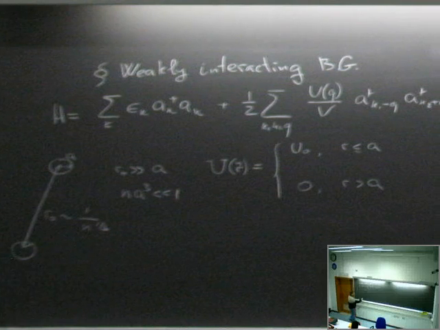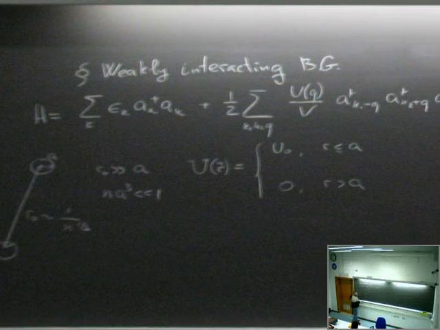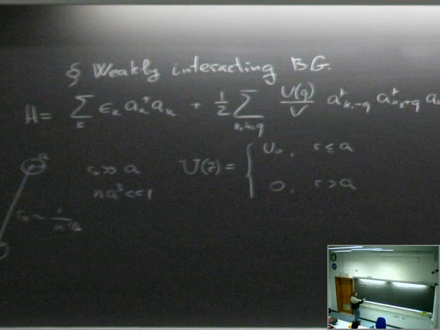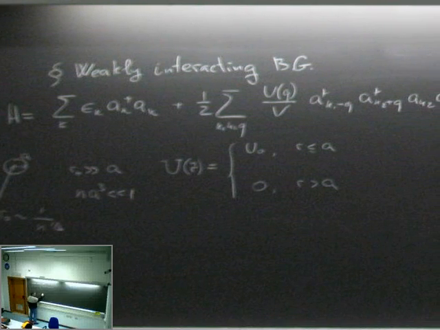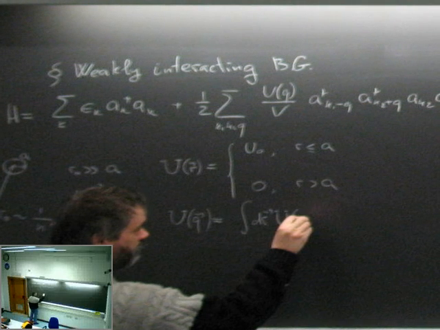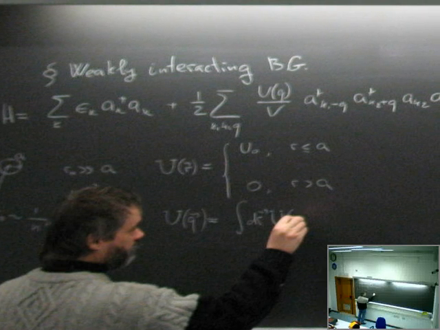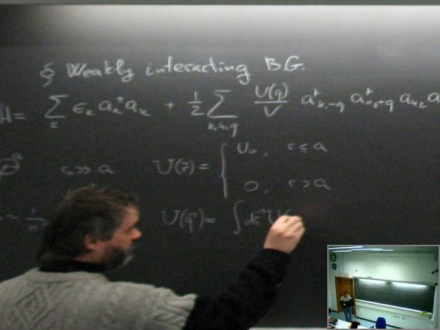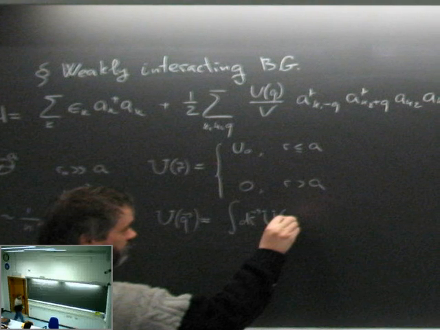So then U q, just in order to let you understand everything better, is a Fourier transform, integral of U r e to the power minus i q r. So let's calculate the Fourier transform for this kind of potential.